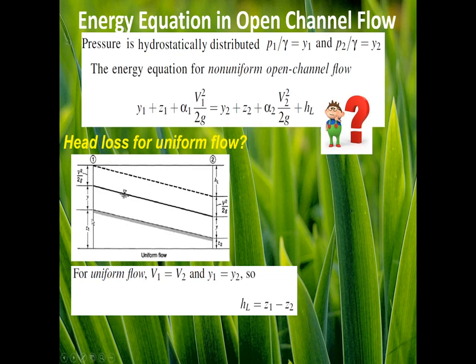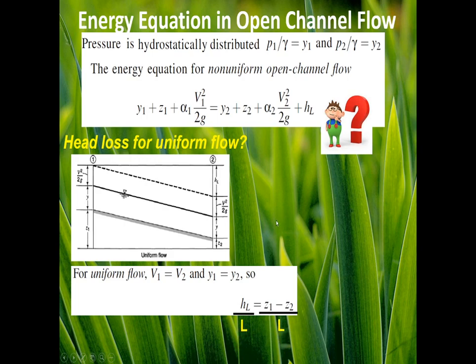What was Z1? Z1 is the height of the bottom of the cross section at point 1 from our datum, and similarly Z2 is the bottom elevation, or bottom height from datum, at cross section 2.